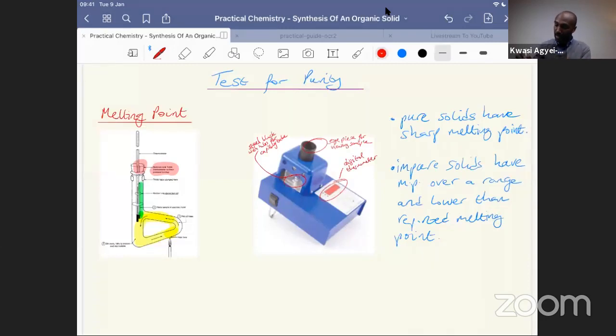It is important that you slow down the rate of heating, and that should allow you to get a more accurate measure of the melting point.